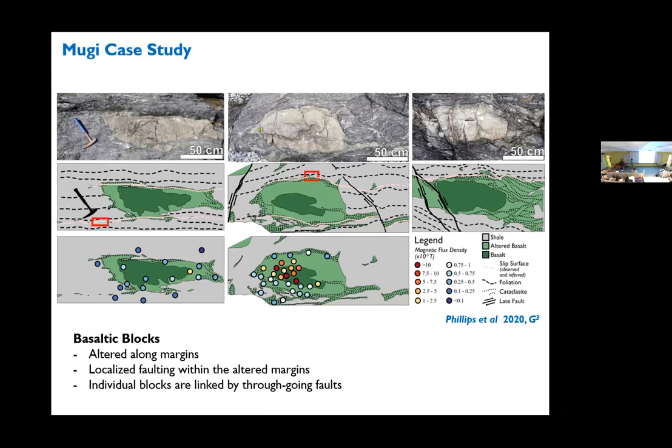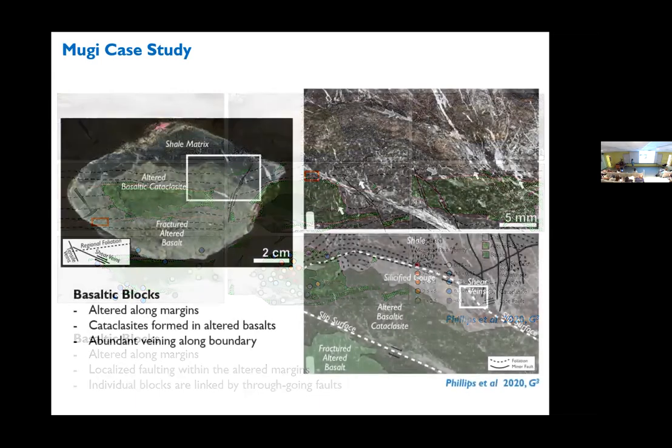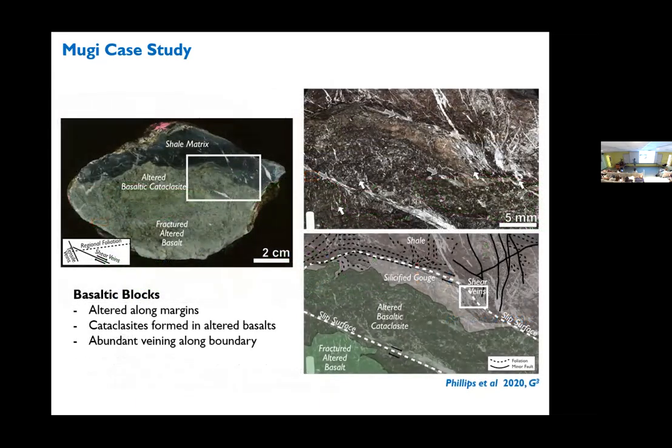So if we look closely at one of these slip surfaces that I call a linking structure going from block to block, we'll start at the margin of a block. And we look at it in stupid amounts of detail. You get these altered basaltic cataclasites that have a ton of veins running through them. So all these white lines cutting across are different veins.